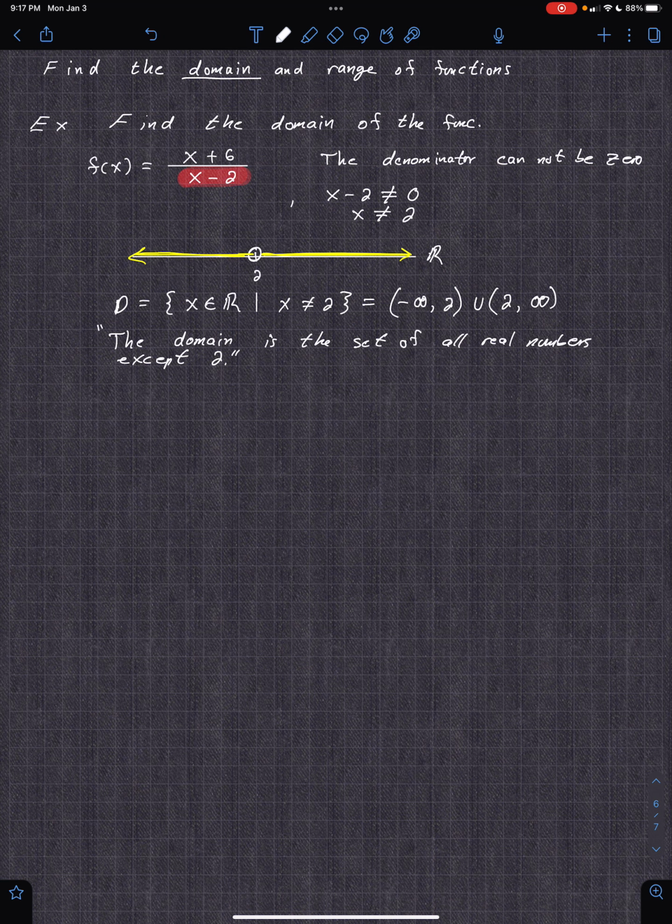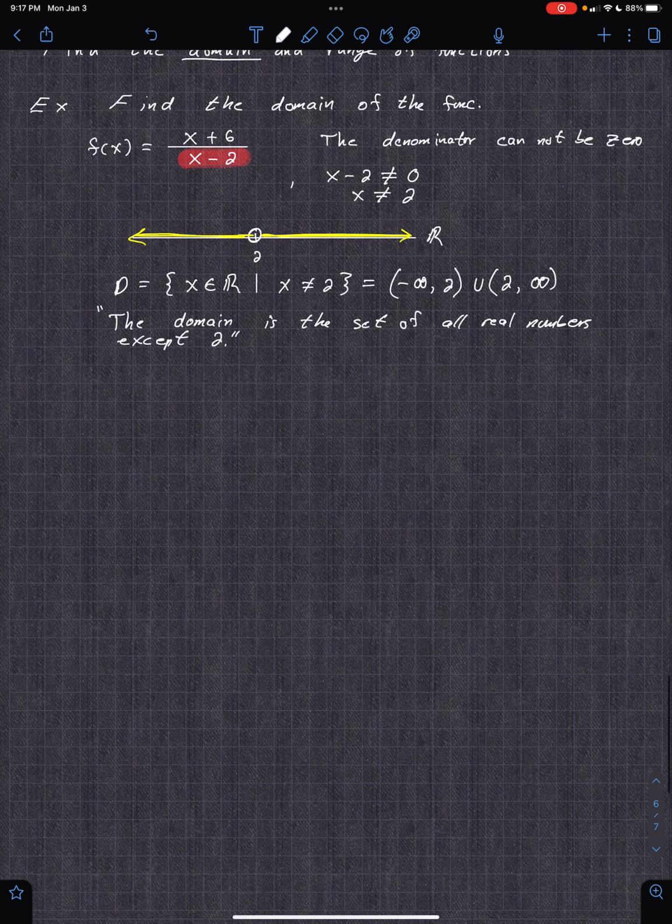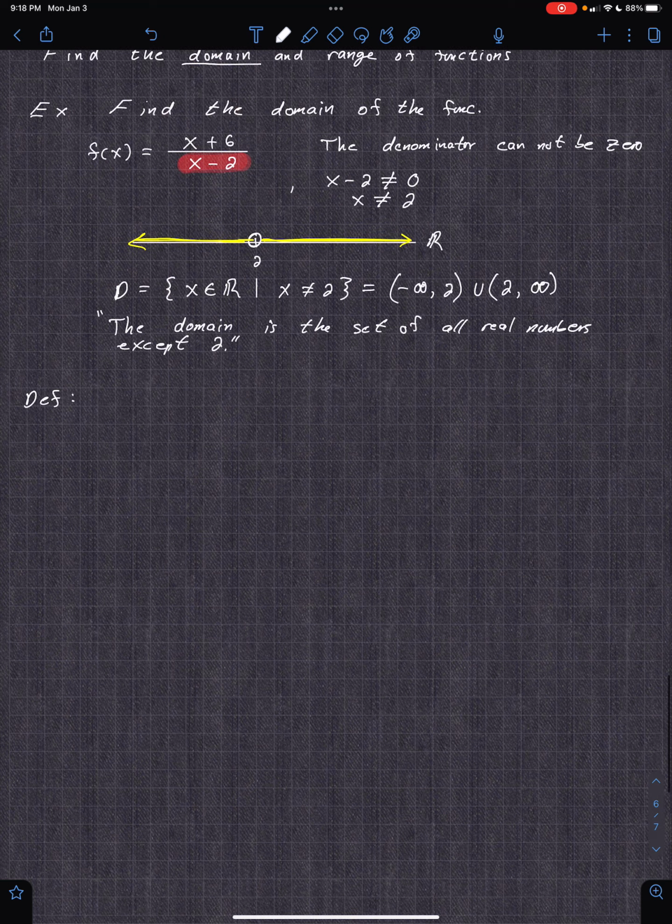All right, so let's actually define domain of a function. How would you find it? What are you looking for? So this is what you do. This is how you think about it.